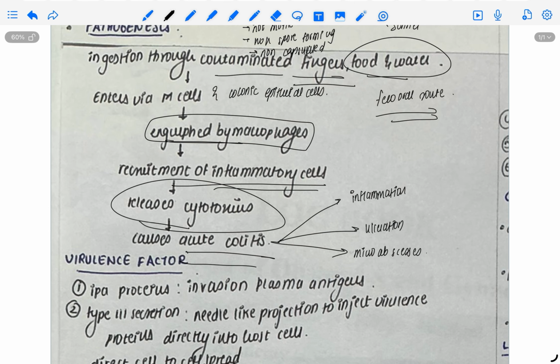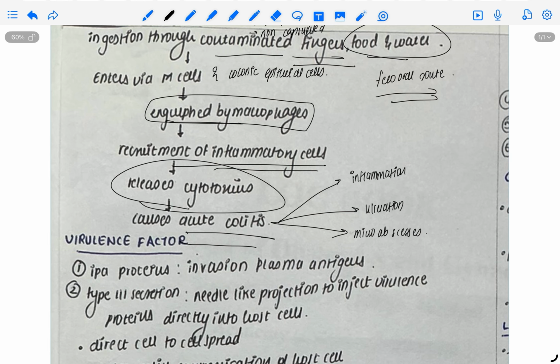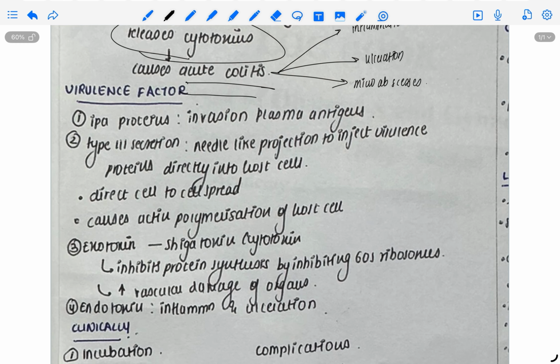So basically, it enters through the contaminated food, water, and fingers, goes to the distal colon, enters via the M cells and colonic epithelial cells, then gets engulfed by the macrophages, then there is recruitment of inflammatory cells, which release cytokines and cause acute colitis, whose features are inflammation, ulceration, and microabscesses.